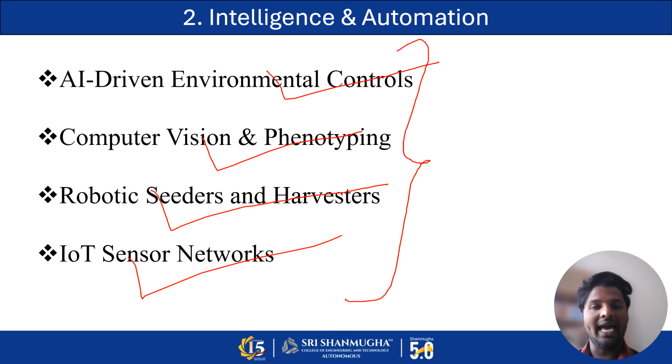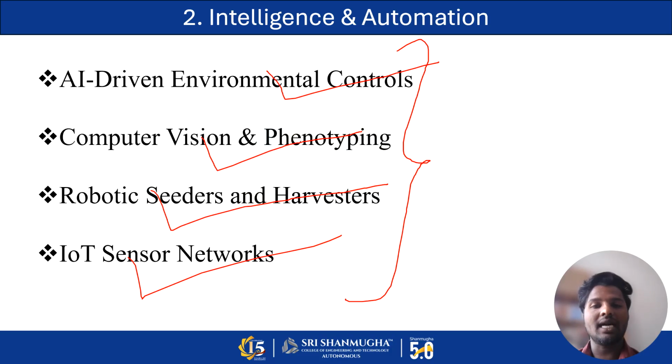The first one is AI-driven controls. That means instead of simple timers, AI uses predictive modeling. If a heat wave is forecast, the AI pre-cools the facility hours in advance, ensuring the plants never experience the metabolic stress that leads to wilting.